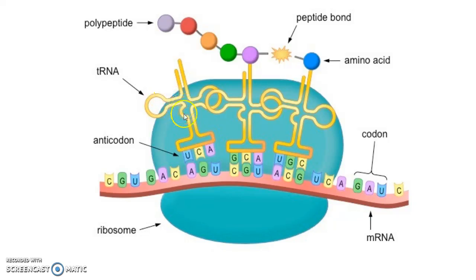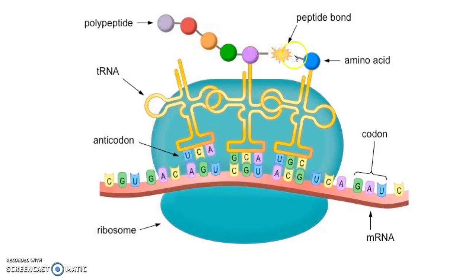The tRNA has at the very bottom something called the anticodon, which will match up with the codons. The codon is 3 nucleotides that code for an amino acid. So the anticodon finds the codon on the RNA strand and brings the amino acid to the ribosomes.